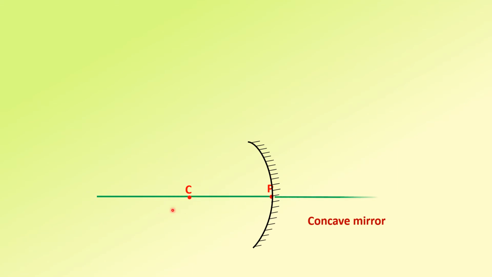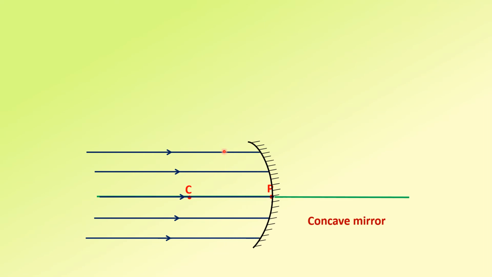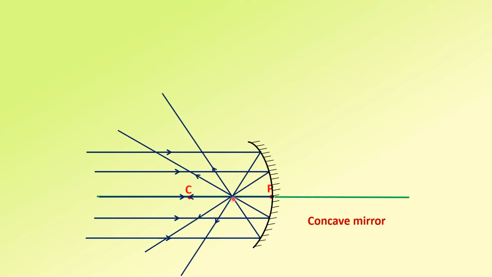Here the same I am showing by using the concave mirror symbol. This is the concave mirror. P is the pole, C is the center of curvature, and this one is the principal axis, and here are the incident rays which are traveling parallel to the principal axis, and after reflection they will pass through a single point on the principal axis.